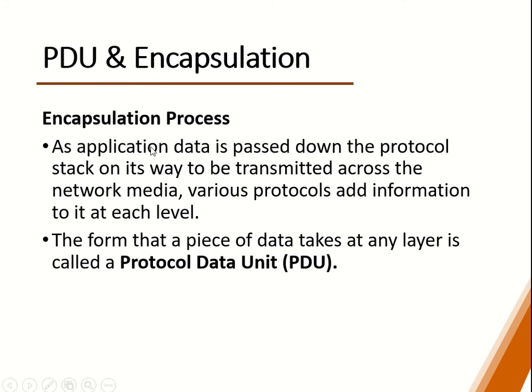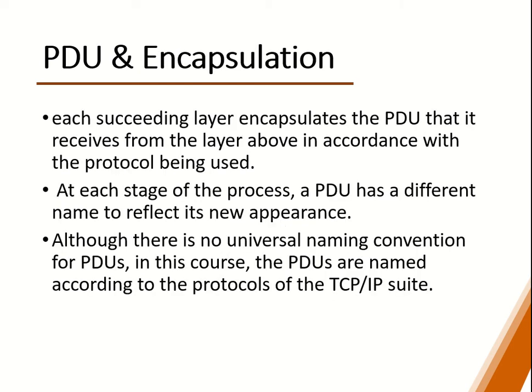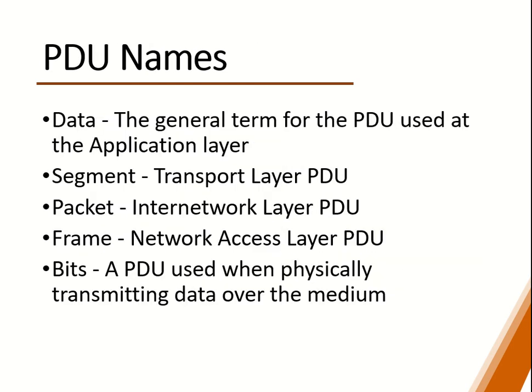Now, during this process, there is another term you will encounter. We have the protocol data unit, or the PDU. This happens when the encapsulation process takes place. The moment your data arrives at a different layer, its PDU name changes. That's the reason we call them PDU names.